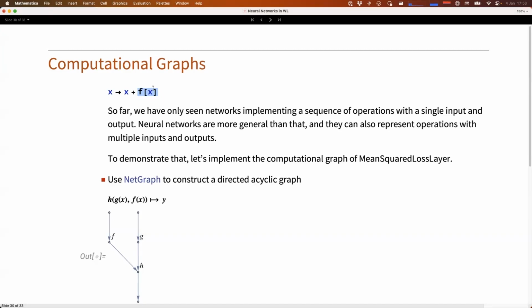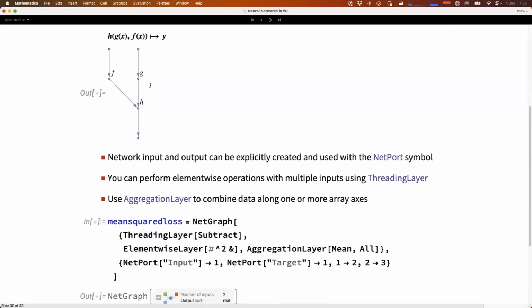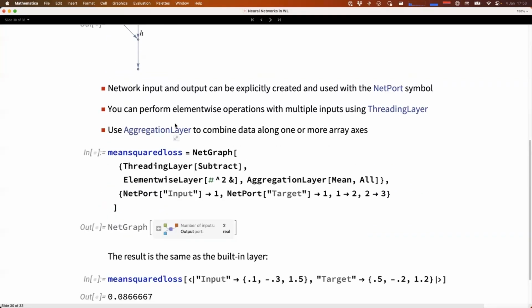So let's look at problems that we can solve with graphs. Oh yeah, see here, I forgot I put this in a slide and I gave the same example. So this is the way to re-implement mean squared loss using a net graph.